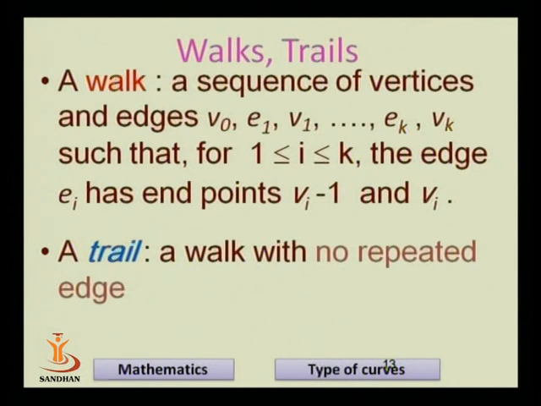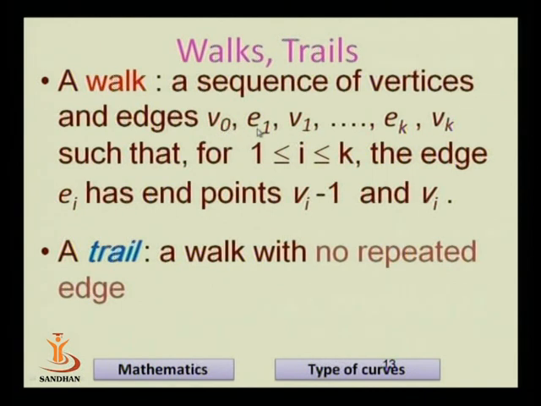Now what is a walk and what is a trail? A walk is an alternating sequence of vertices and edges, starting and ending with vertices. The starting point is a vertex and the ending point is a vertex.